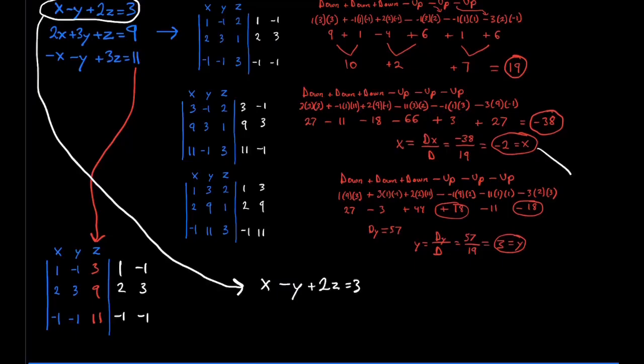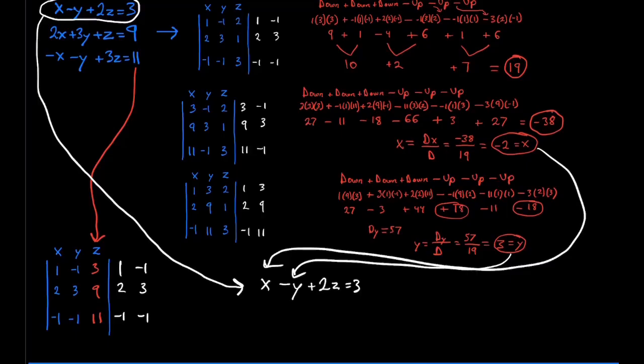And we know that the x is -2 and the y is 3. This is -5.